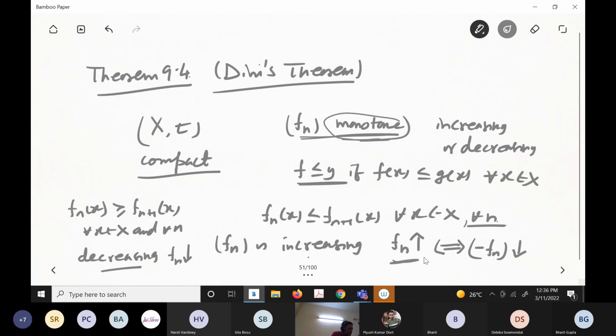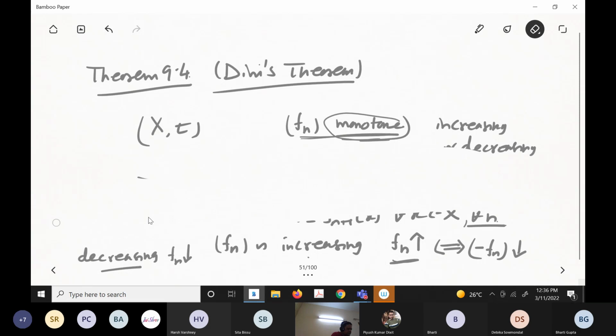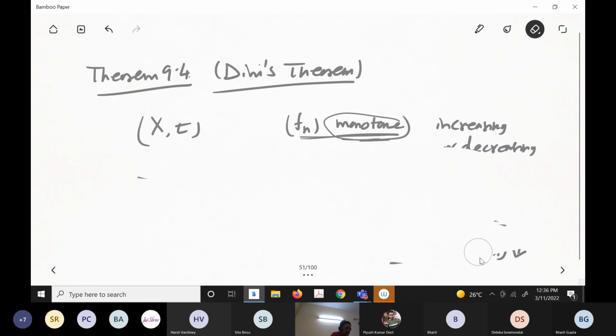So here he is saying Dini's theorem. You have the monotone sequence that I already explained, converging pointwise to a continuous function. Here you have this topological space, so you have the continuity, you can have Cx.